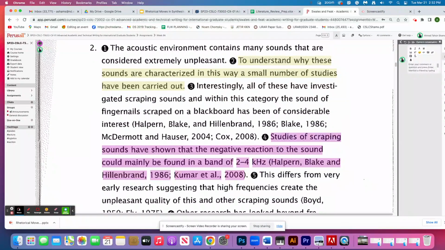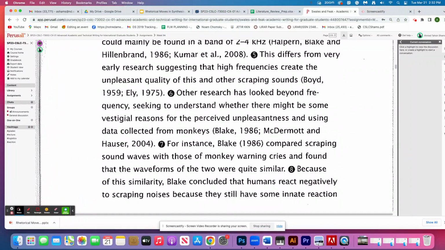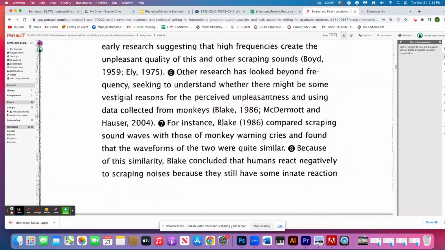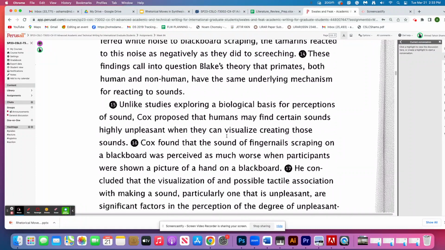It's leading to the frequency topic. Sentence 6 is leading to other reasons, not frequency, beyond frequency. Another lead is sentence 15. It's talking about, unlike the other studies, a different topic, so now you are giving a new lead, bringing a new topic, visualization. So that's step 3.